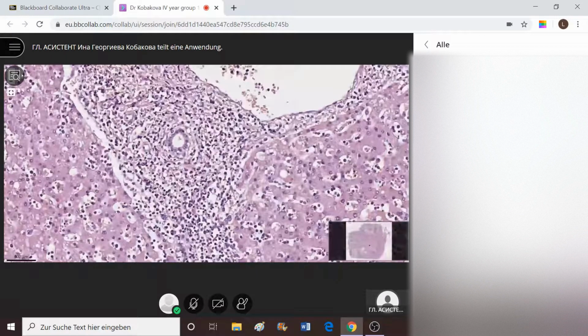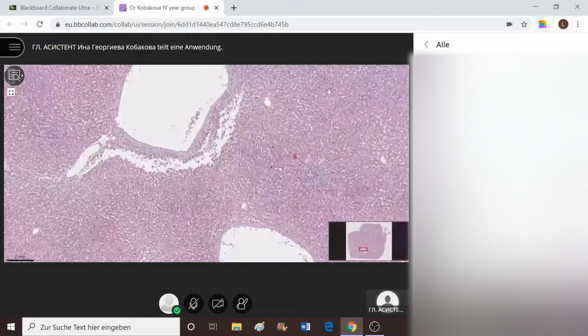Sometimes we may see hyperproliferation of bile ducts, which is not quite expected from this type of liver. And take a look at the inflammatory infiltrates also. They could be in clusters in between the hepatocytes in certain places. This also may appear normal.